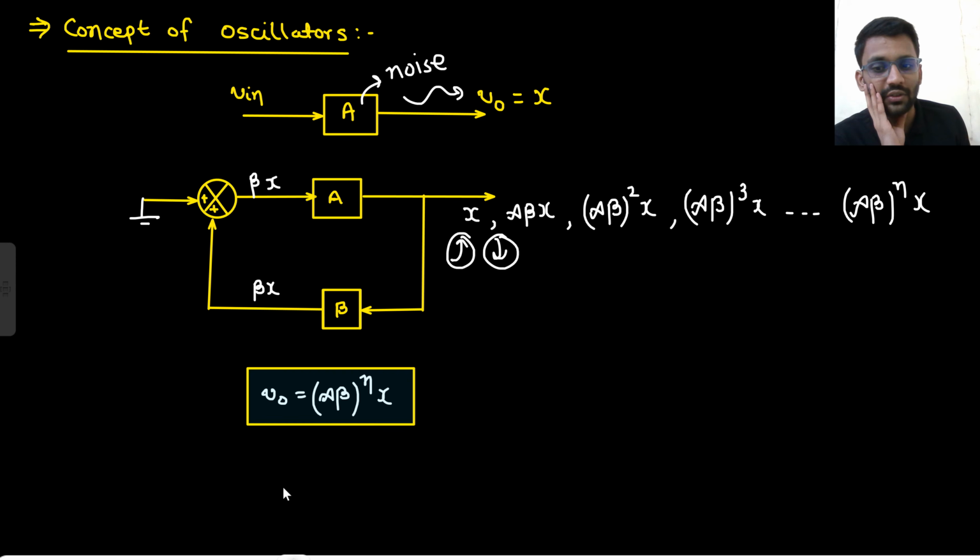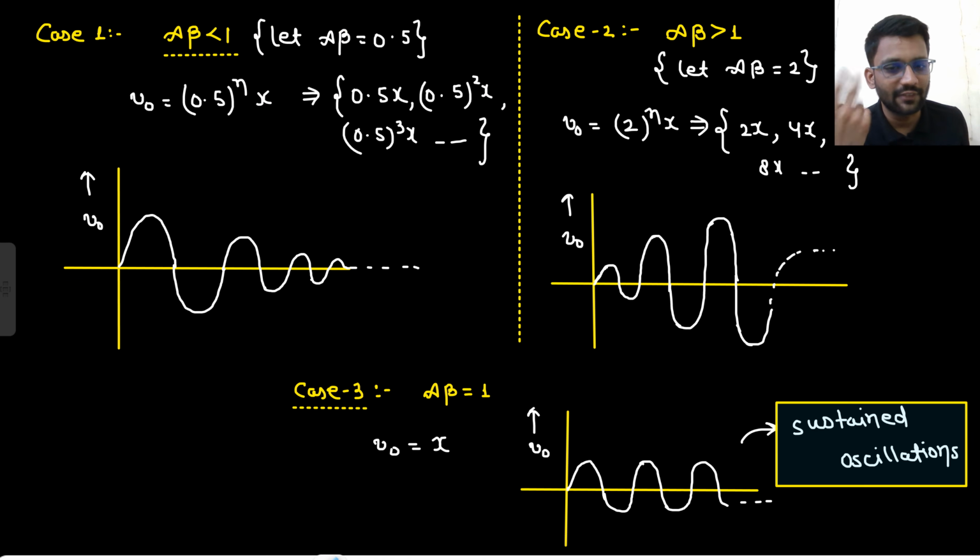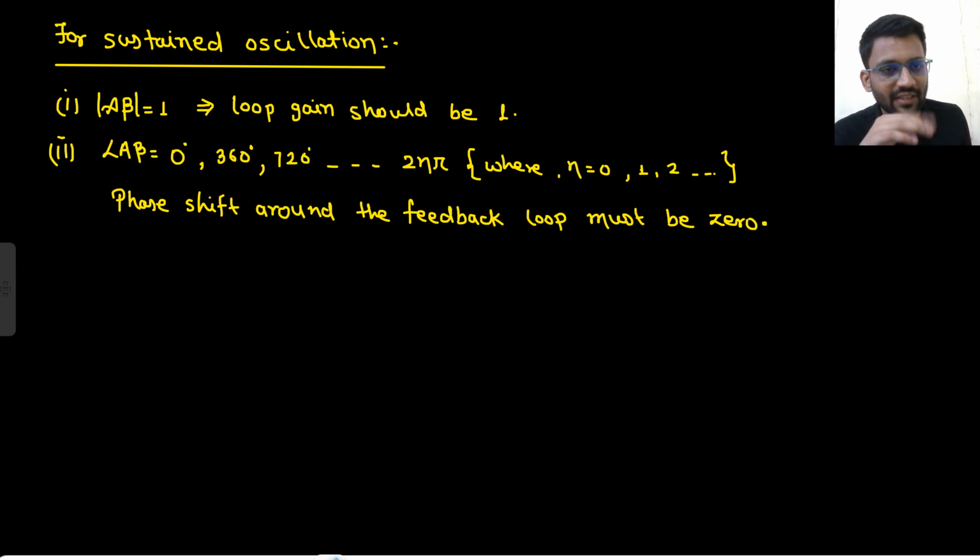Say yes or no. So these 2 points are known as Barkhausen criteria. He was the first guy to prove it. We are just understanding his theory, nothing else. We are not proving it. After his paper, now we are understanding his theory.